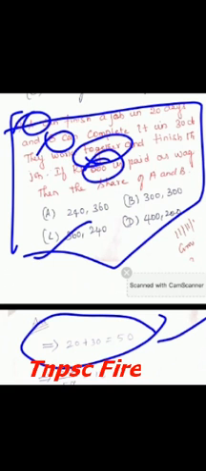If they give wages, you just divide the wages by that sum, and you get 12. Now we multiply the A value and B value with 12, and we will get the share of A and B. This is the trick we are using in this model of question.